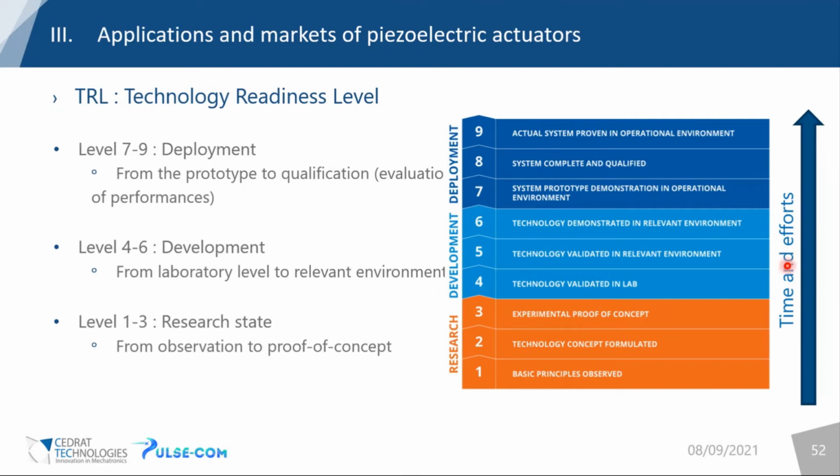Then, with more time and more effort, we will perhaps be able to validate the technology in the laboratory and up to relevant environments. And afterwards, there is the last phase of deployment, which consists in demonstrating that the prototype works in operational environments, qualifying the system, and then bringing it to the market and generalizing its use on the market.